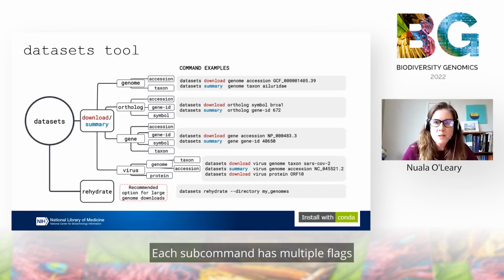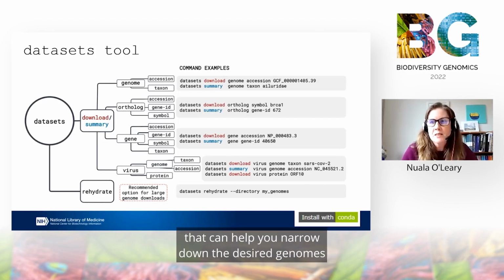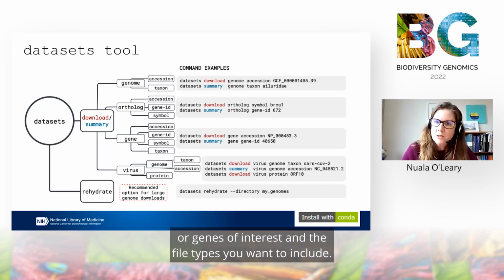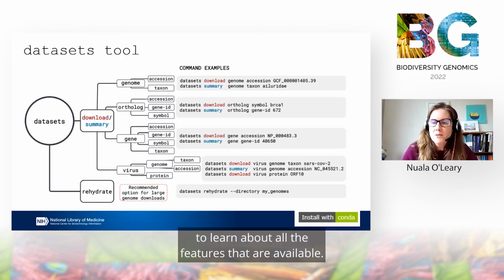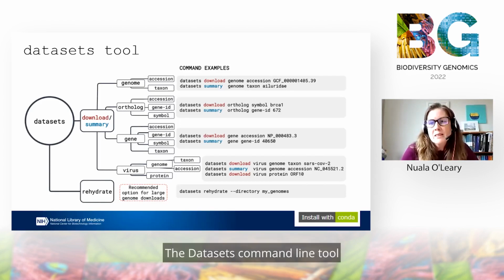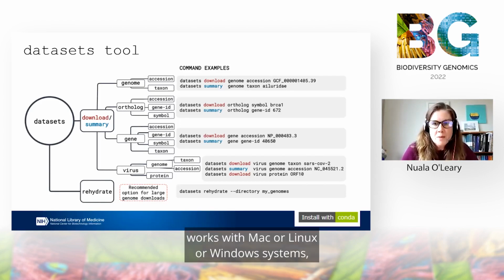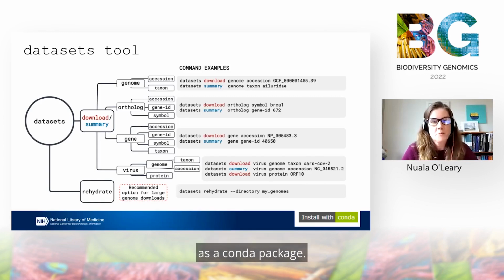Each subcommand has multiple flags that can help you narrow down the desired genomes or genes of interest and the file types you want to include. You can also use the help flag at any subcommand to learn about all the features that are available. The Datasets command line tool works with Mac, Linux or Windows systems, and our command line tool is also available as a conda package.